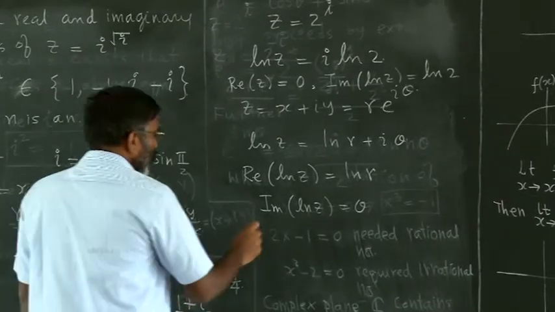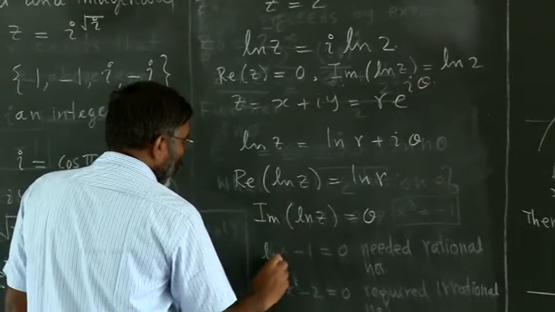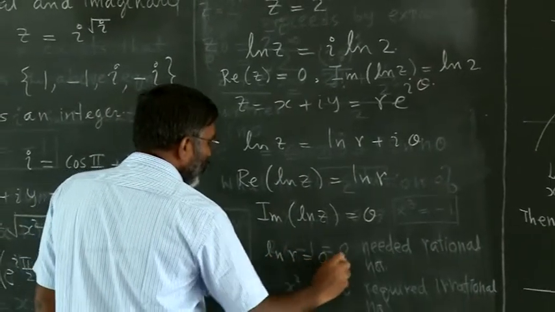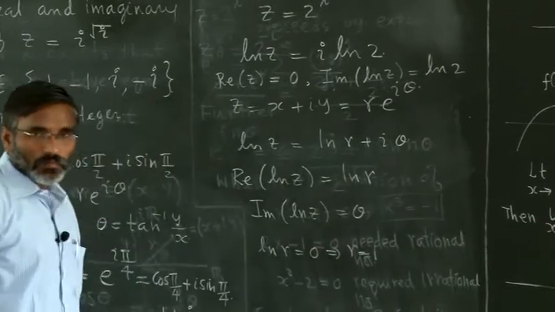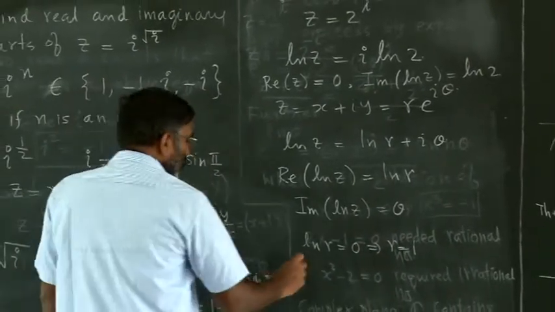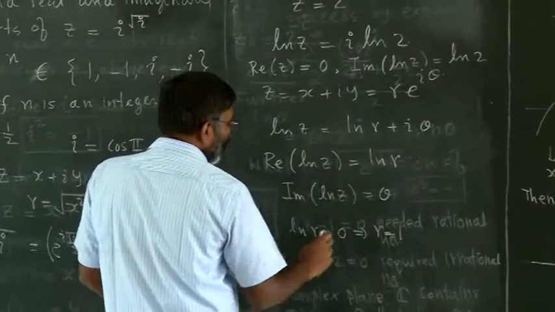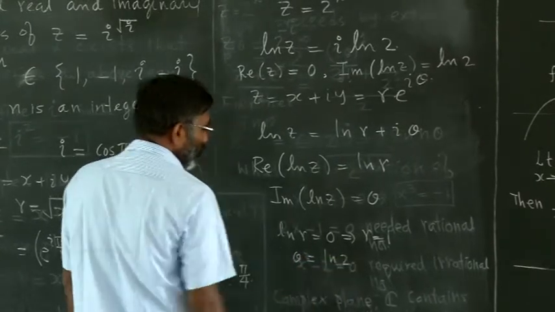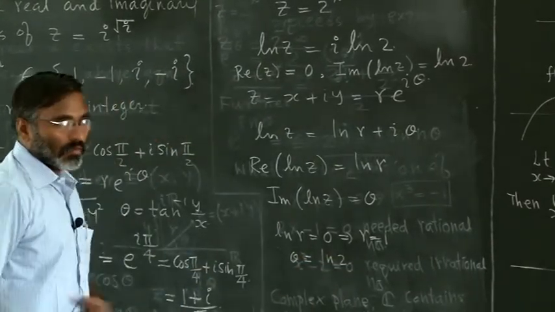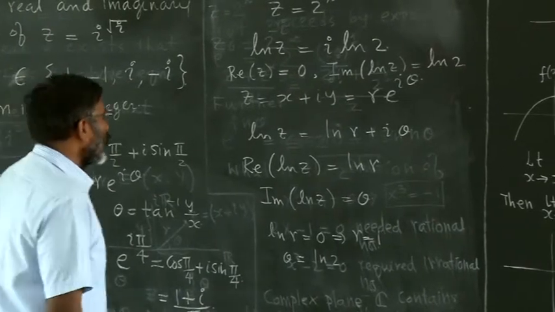So that means if I compare this result, logarithm of r is equal to 0, this implies r is equal to 1. Correct? Imaginary part, that is theta, is equal to logarithm of 2.